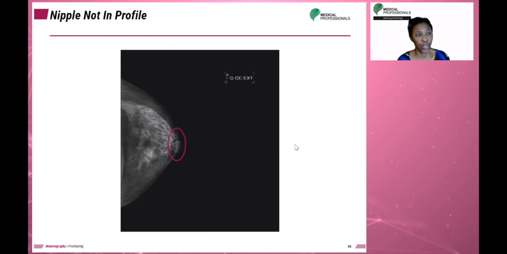You do your full image, the nipple will not be in profile, and then you do just the nipple area and you have a nipple in profile projection. But as I stress, that is only done if your facility says that they have to have the nipple in profile in all of the projections.